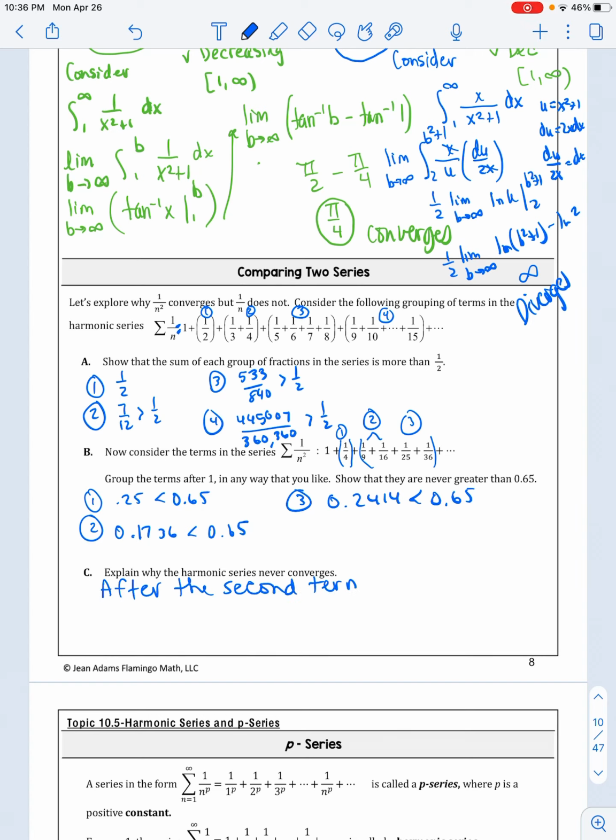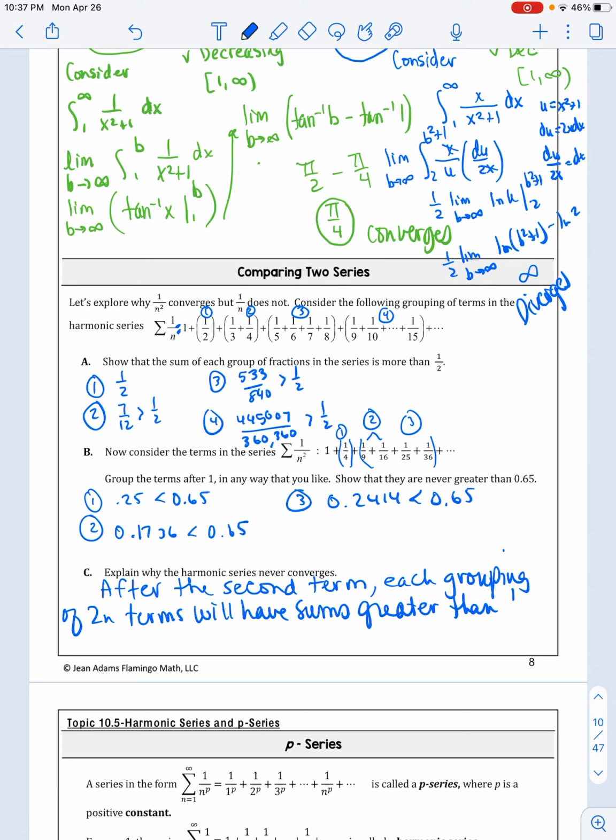So we are going to say after the second term, each grouping of 2n terms will have sums greater than 1/2, which is the value of the second term.